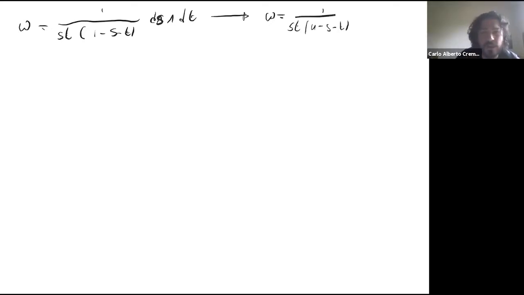Sorry, Paolo. Yes, just a stupid question. Are s and t complex valued? No, in principle you take them to be real, because if they are complex you cannot define what is greater than; you cannot really define inequalities.